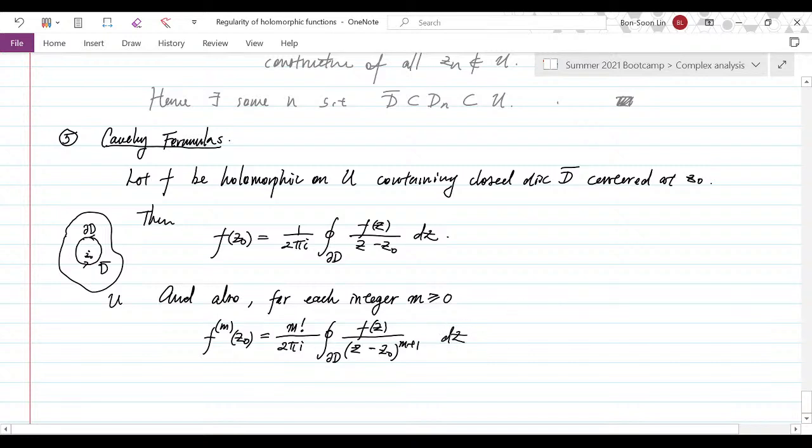So this is the key to the kingdom, really, right? This basically says that the mth derivative always exists, so long as you're able to contain this closed disk.